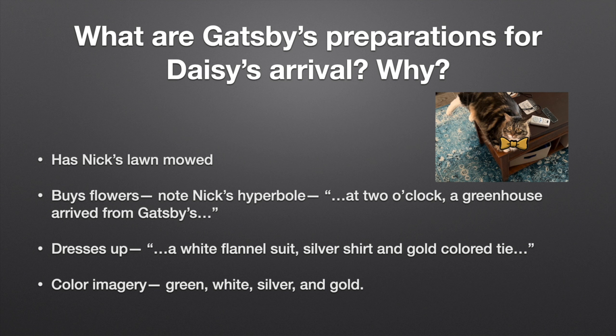We talked about with the green light how that is not necessarily a simple symbol. But one of the conclusions that we can also draw, just on the surface, is that these are all the colors of money and wealth.